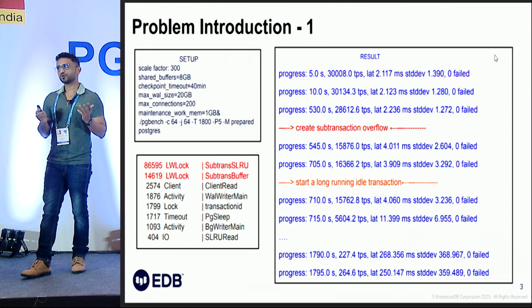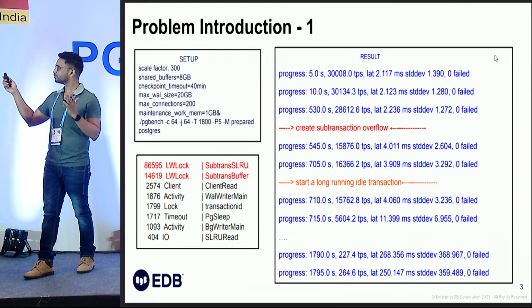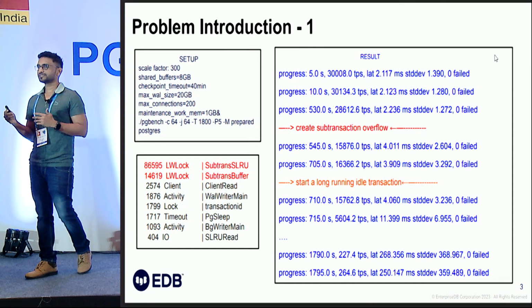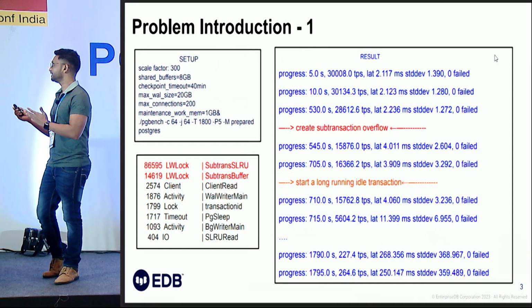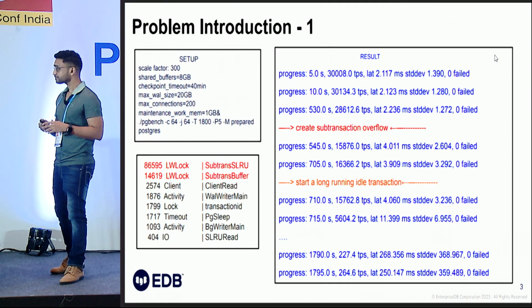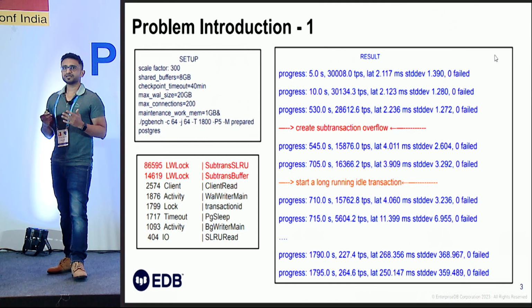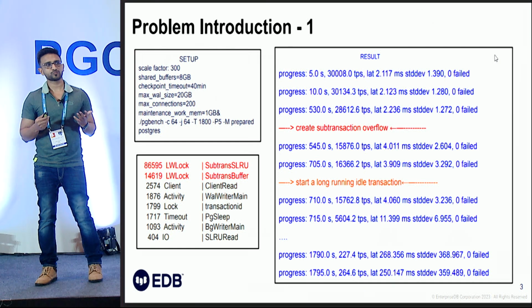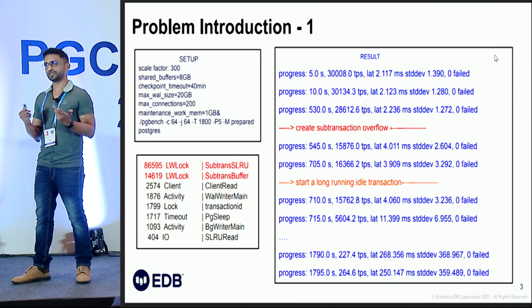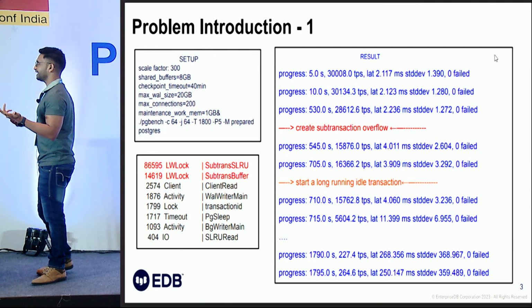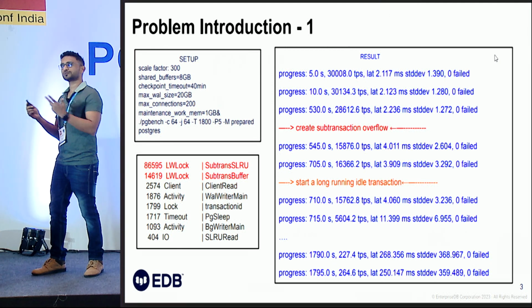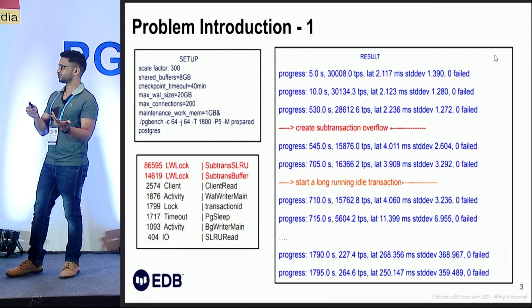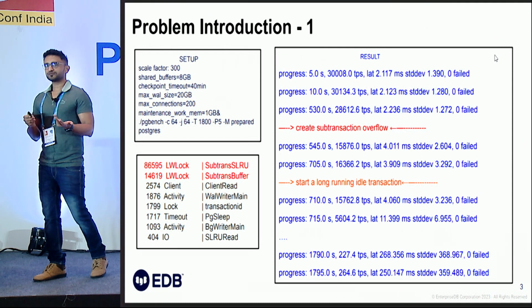So the whole idea of this talk is to understand what is happening and why the system is behaving like that. Generally, when we see a performance problem in PostgreSQL nowadays, we try to observe the wait events. So I did the same thing. I tried to simulate the problem, which I already knew, but I again checked what happened in the wait events.